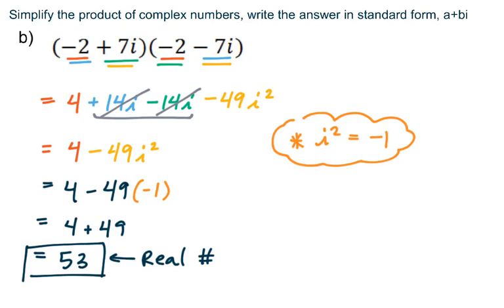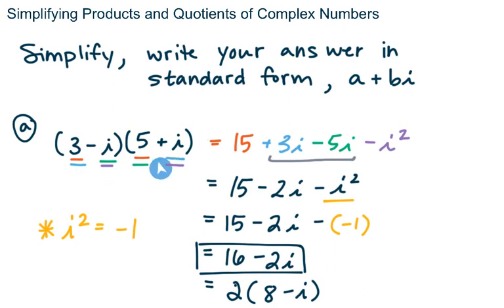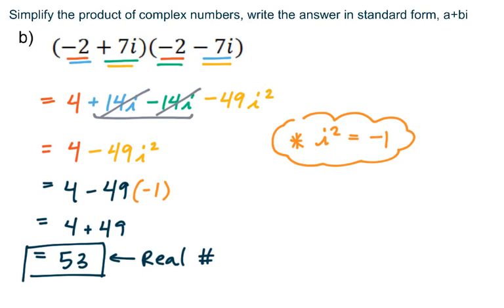Well, what was different about this multiplication compared to the prior multiplication? Why did we get an imaginary part for example A, but we have a real number only for example B? And hopefully what you notice is that we have two factors and they are identical except for the sign in the middle.